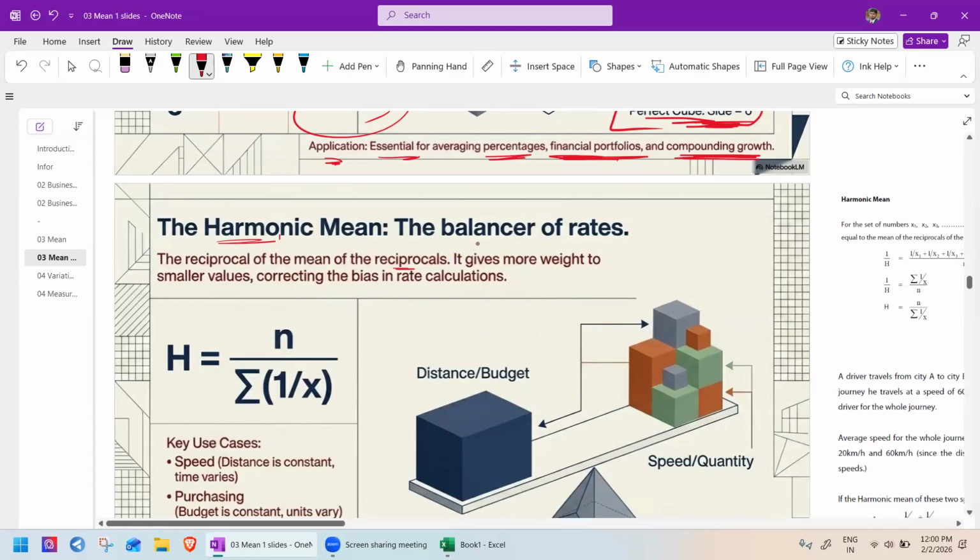The harmonic mean is the balancer of rates. We apply the harmonic mean to find the averages of rates. It is the reciprocal of the mean of the reciprocals.